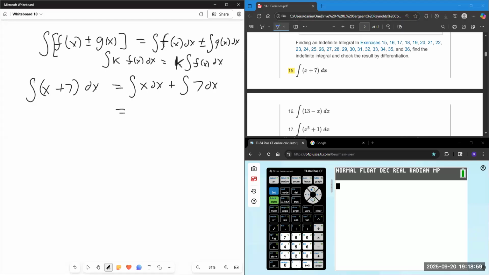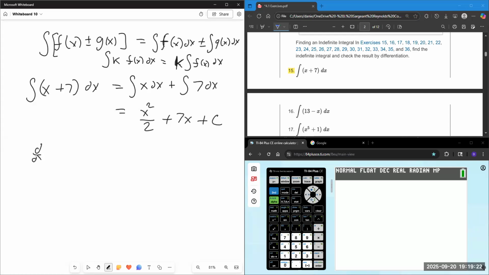So let's go ahead and raise this exponent by 1 and divide by the new exponent. I don't see it, but it's x to the 0, and when I raise it up by 1 power, it's x to the first, divided by 1, I don't need to write that, plus c. Let's verify this answer.